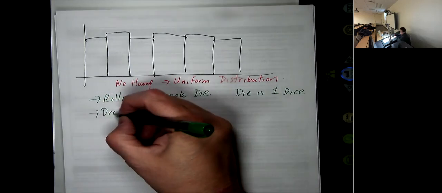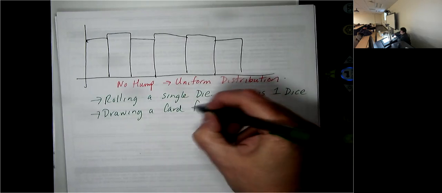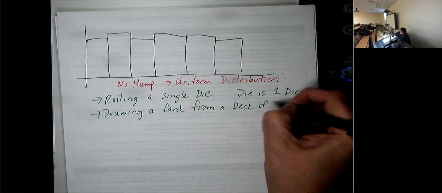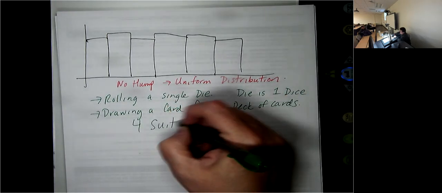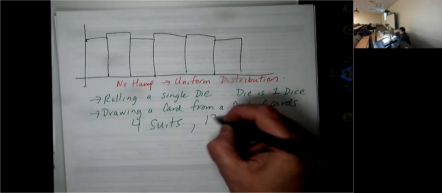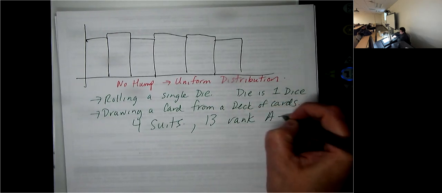Drawing a card from a deck. There are 4 suits. And if we just pick random cards and throw them in the stack of the suits, we'll have about the same amount when we've done a bunch. There are 13 ranks, ace through king.